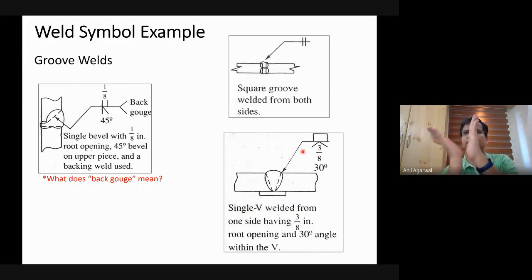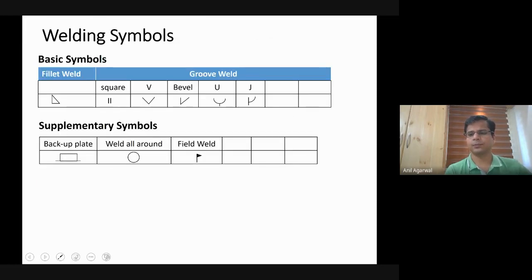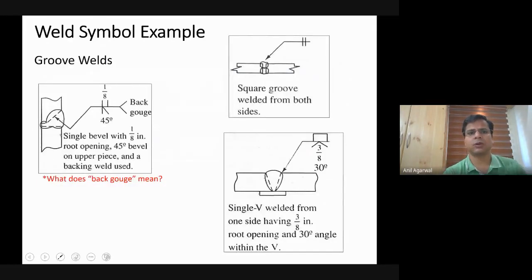Bevel is where one surface is flat and the other surface is inclined. You may have a V where both surfaces are inclined. Then you may have J or U, which will also be shown somewhat like this. You can find the symbols; the symbols are shown here, right? But what I'm showing you here are the rectangular, bevel, and V shapes.